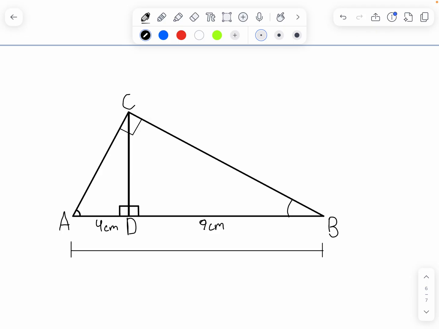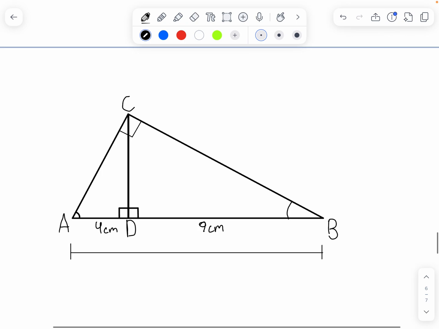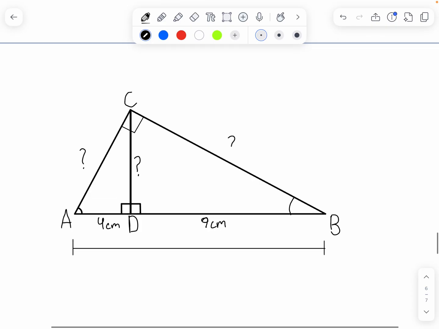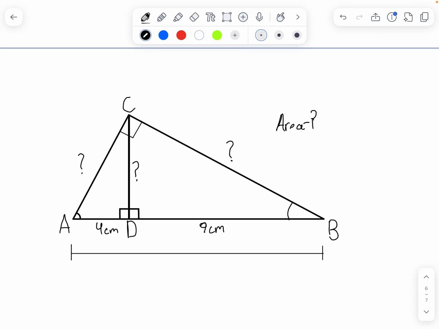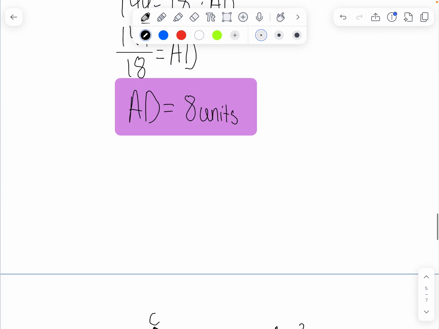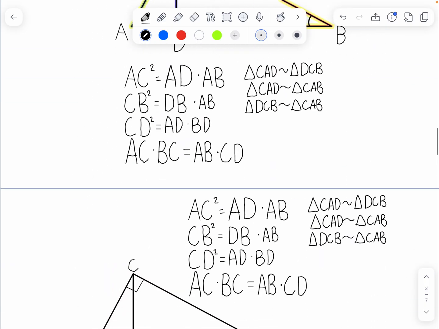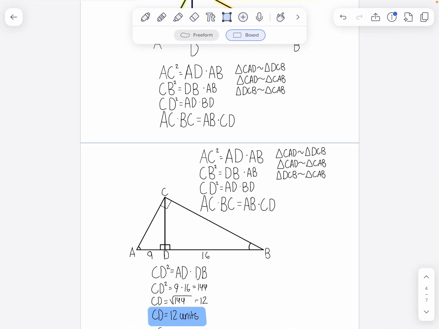So we have to find, number 1, find CD. Number 2, you have to find AC. And number 3, we have to find BC. And finally, we have to find the area. And to make it easier for you, I am going to be bringing down all of this information.